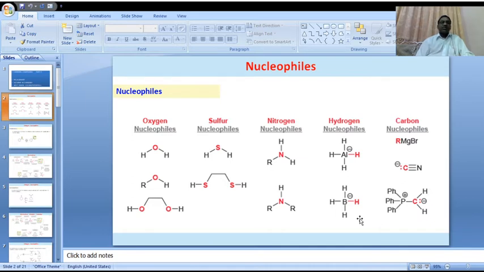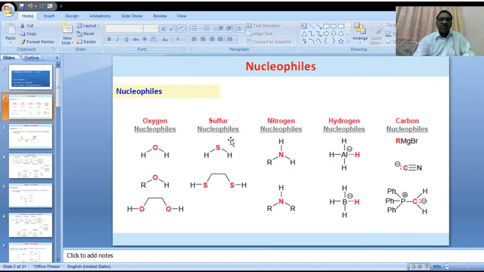First, we will discuss oxygen atom containing nucleophiles. Here, first example, H2O, the water molecule. It is an oxygen containing nucleophile. ROH, alcohols, and H2O2, hydrogen peroxide, also act as oxygen containing nucleophiles.